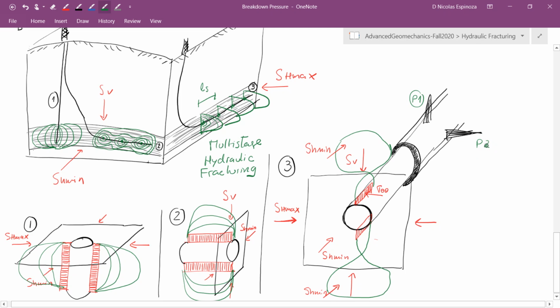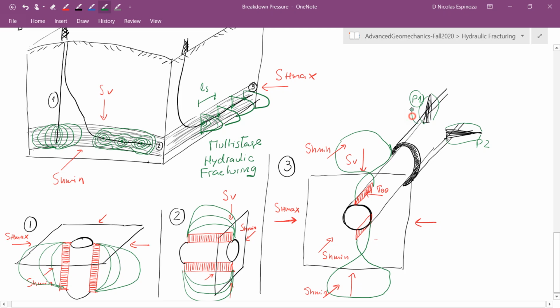Perforation number 2, horizontal, is going to be very similar to the wellbore number 2, because this is just like a little wellbore. And if I were to grow hydraulic fractures out of these perforations, this one will be already aligned with the far field stresses. They are going to have their own stress change around the perforation that is going to favor the propagation, as we see in case number 2 like this, in case number 1 like that.